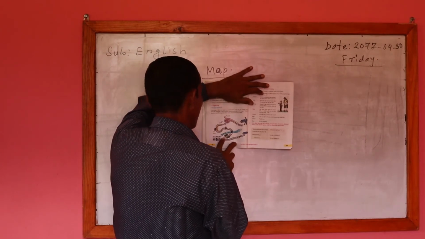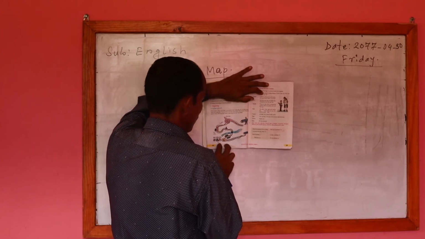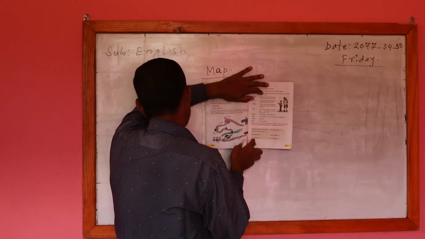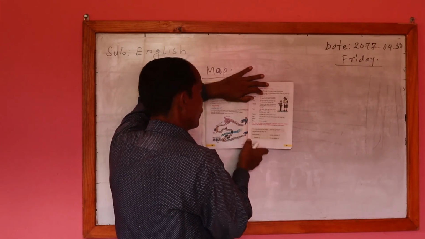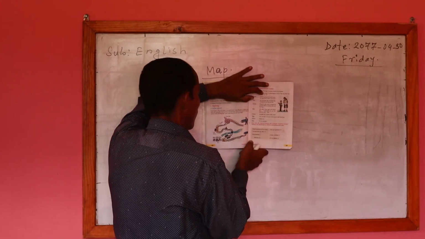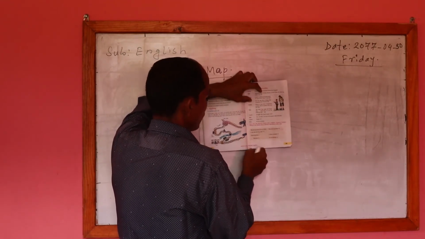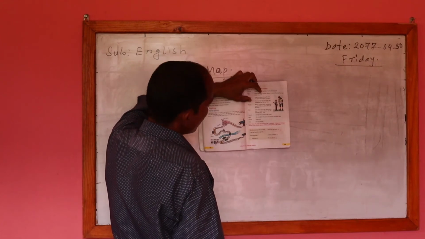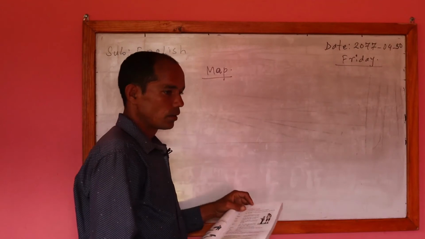While you move forward, you will see the zoo on your right-hand side, and after that, if you go maybe 100 meters forward, you will reach the hospital. Like this way we can see here.